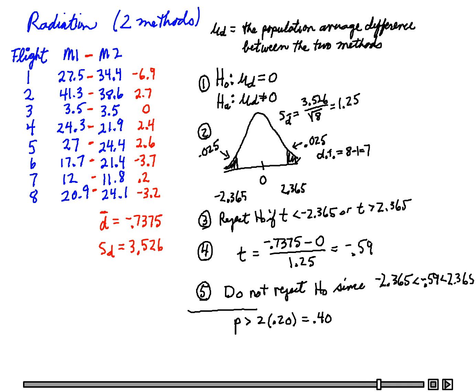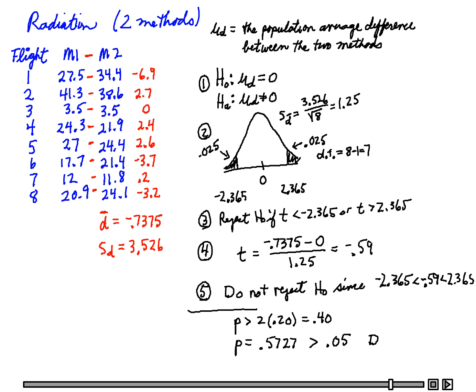If I used Excel or the calculator to get the p-value, the p-value is actually 0.573, or let's go ahead and look, 0.5727, which is greater than 0.05.